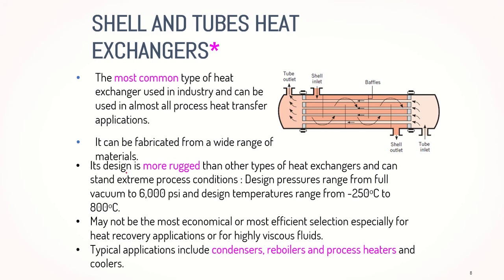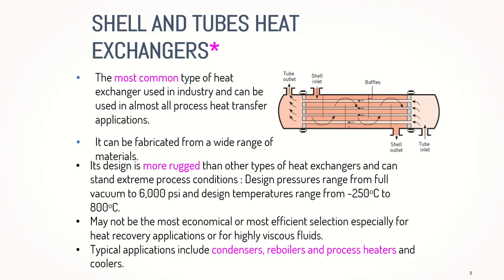So for example, this would be an example of a shell and tube heat exchanger. We have a shell inlet, and this is a single pass, meaning that the fluid in the shell inlet only passes through that particular shell in one direction.